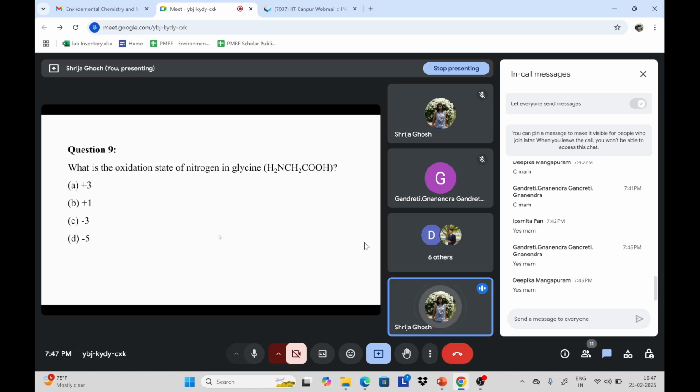Anybody who knows the answer? Write it in the chat box. Deepika says -3. Anyone else?